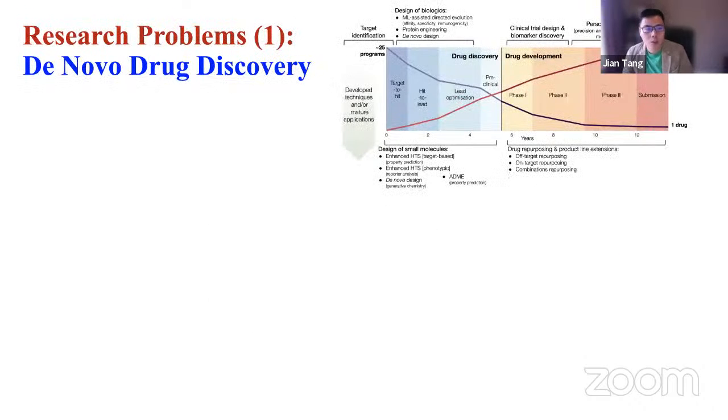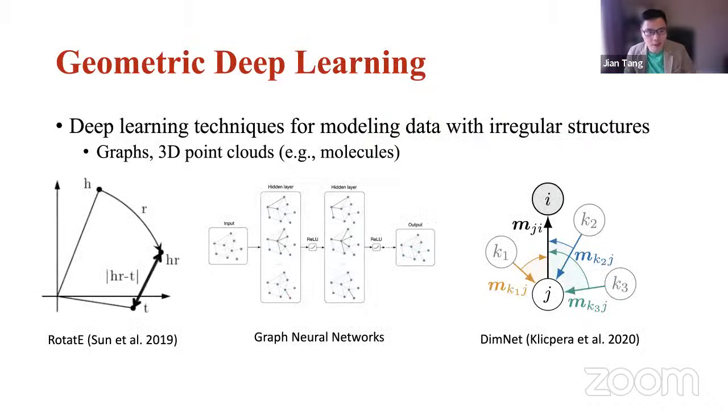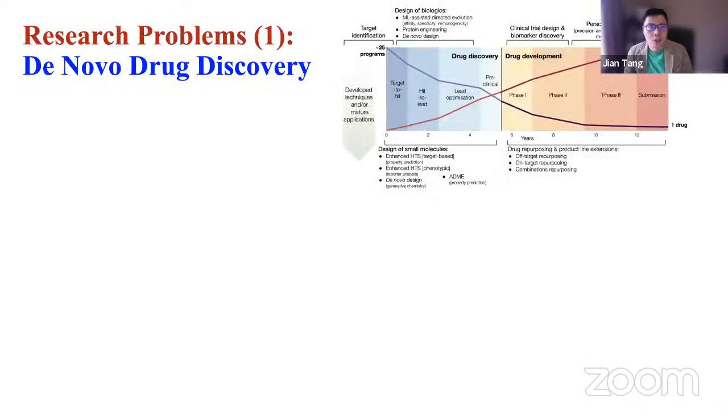Next I'm going to show you how we apply geometric deep learning techniques to some important applications or problems in drug discovery. The first type of problem we focus on is de novo small molecule drug discovery. Here we focus on a few important problems in this domain.